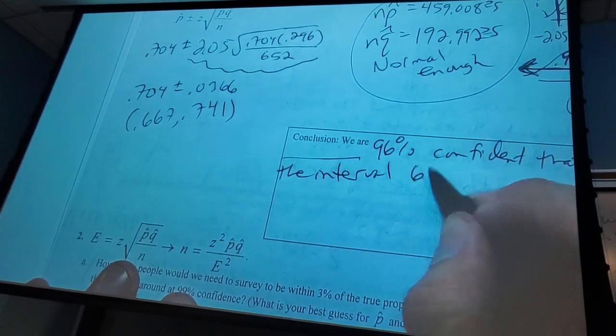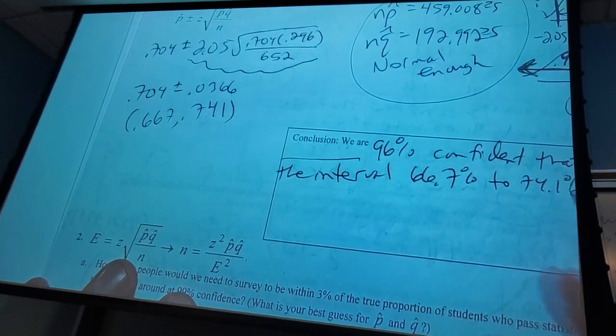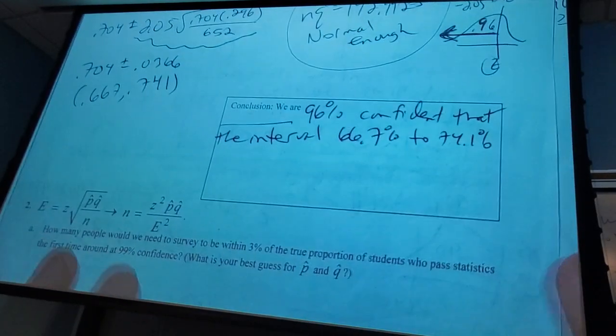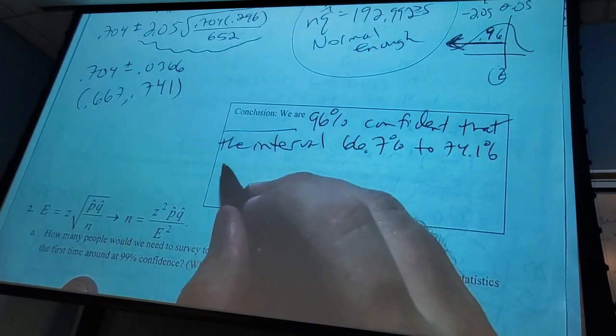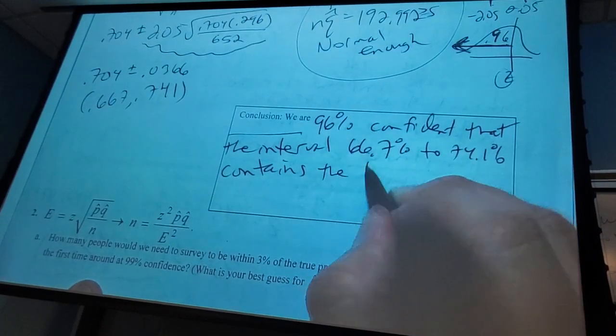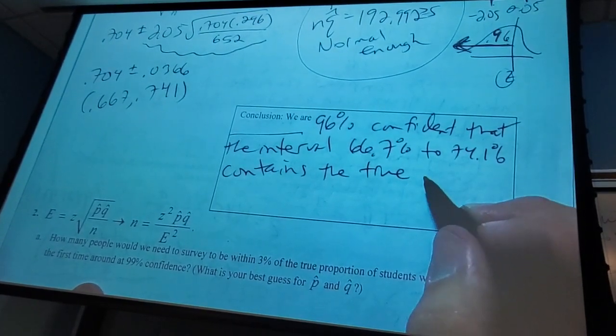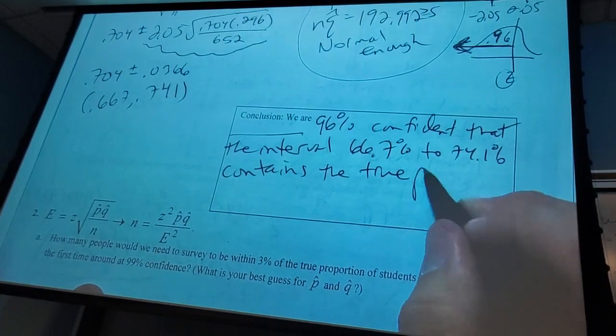The interval 66.7% to 74.1% does what? Captures or contains, I like it. The true, be careful, true what now? No, percentage or proportion, I love it.